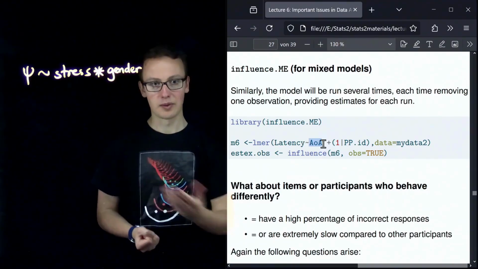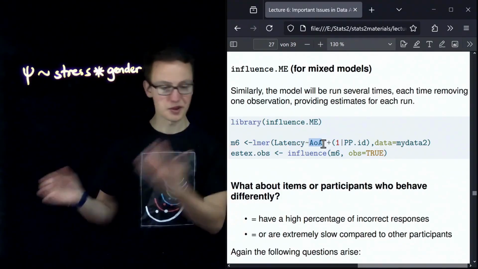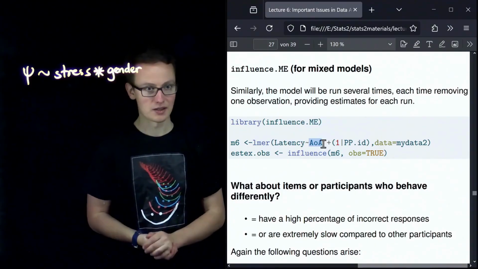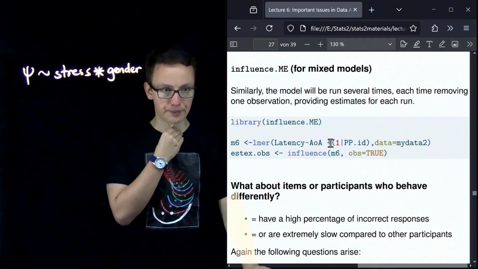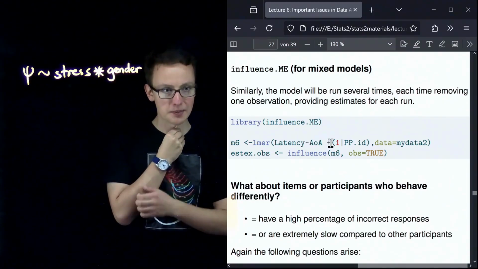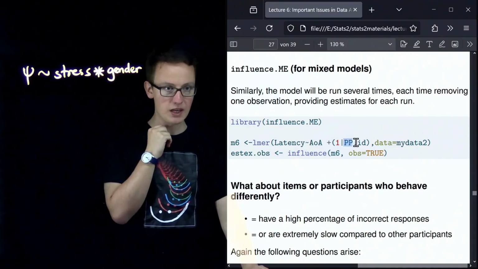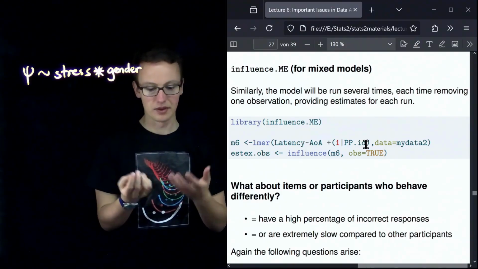So compare a person who learned English as a second language starting from first grade versus starting from, I don't know, adulthood in the more extreme case. Here we fit a linear mixed model because we have multiple observations per participant. So PPID is the group that describes the participants.